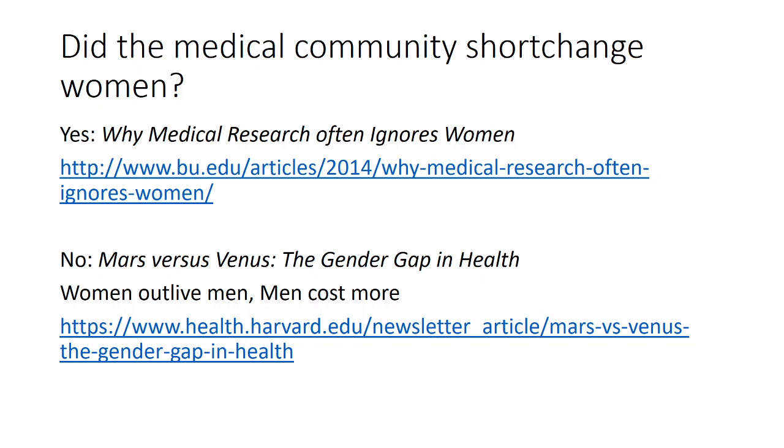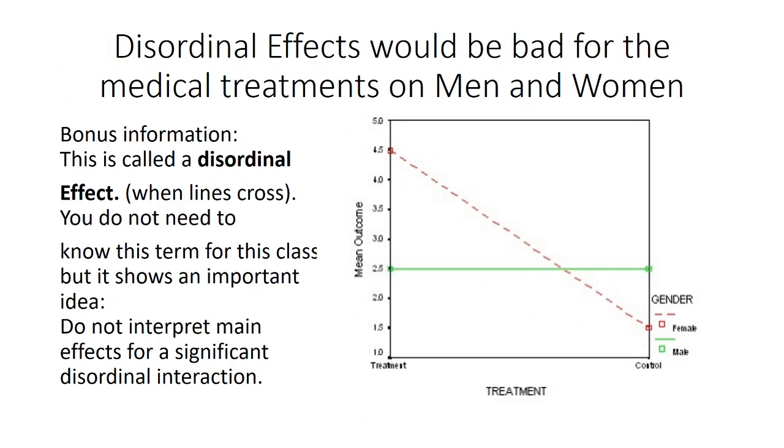But if we do a study, it might be that in this kind of situation, there is what's called a disordinal effect. You don't have to know the term disordinal effect for this course, but it might be beneficial for you later. If you take a look at this, the females are in red and the males are in green. If you give a treatment to males, it has no effect on them. They're the green line.